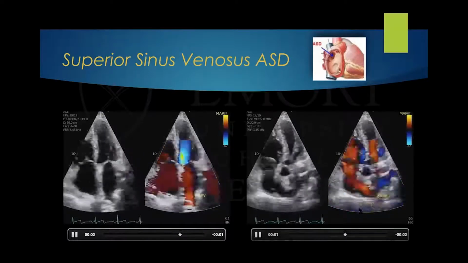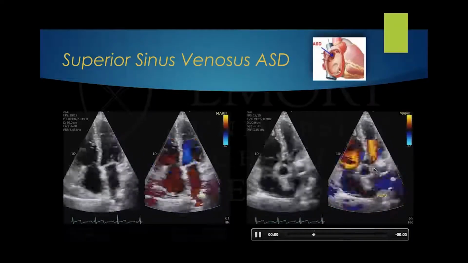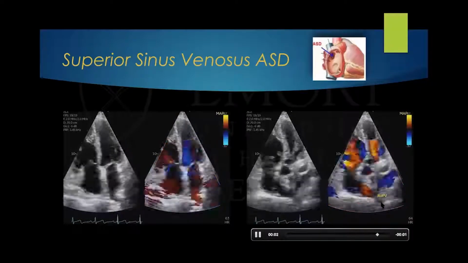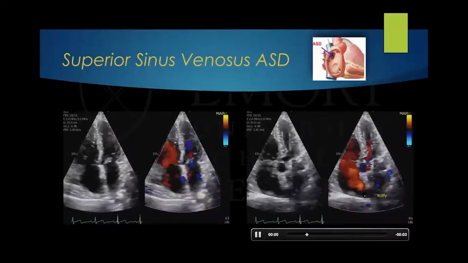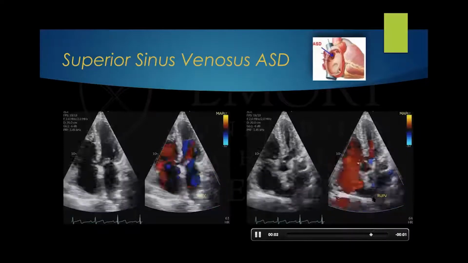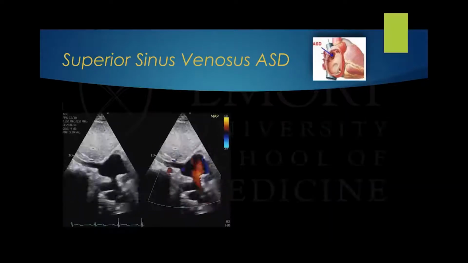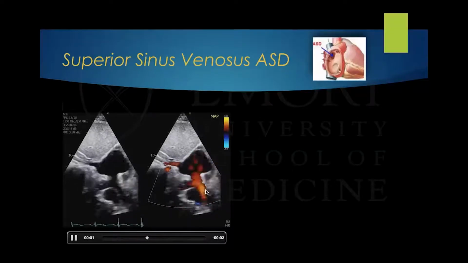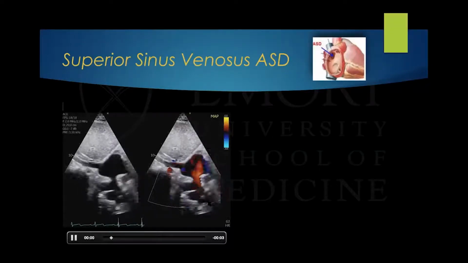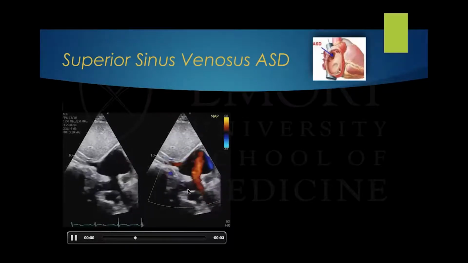But when we tilt a little bit anteriorly, sort of like in the five-chamber view, we see that the right upper pulmonary vein now appears to be draining into the right atrium and not into the left. Then in another view from the subcostal, we can see the bicaval view, IVC and SVC, and the large defect right in here with a left to right shunt.